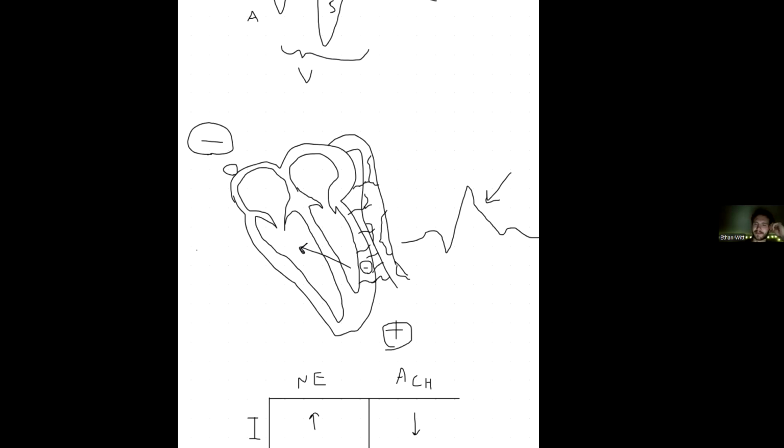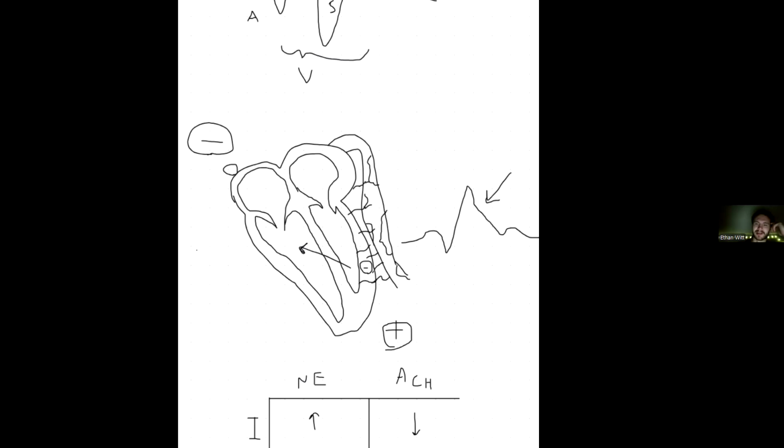So this is essentially a dead piece of your heart. This is what we call a transmural injury, meaning it goes all the way across the wall, from outside to inside, and all of your cells, all of your cardiomyocytes are dead.